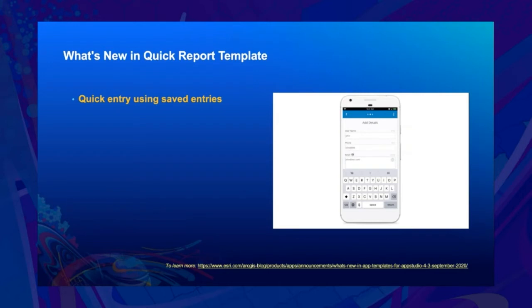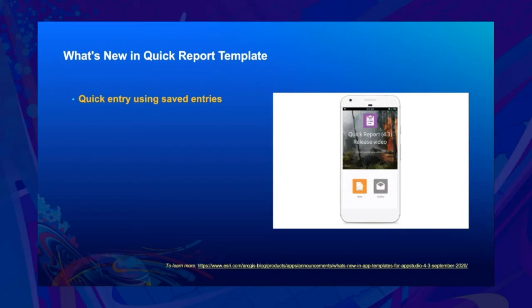The next thing I want to cover is what's new in the Quick Report template. The first one is quick entry using saved entries. Multiple users have asked for this feature. They would like to carry over the same values from multiple fields to the subsequent reports during data collection and submission to save time.